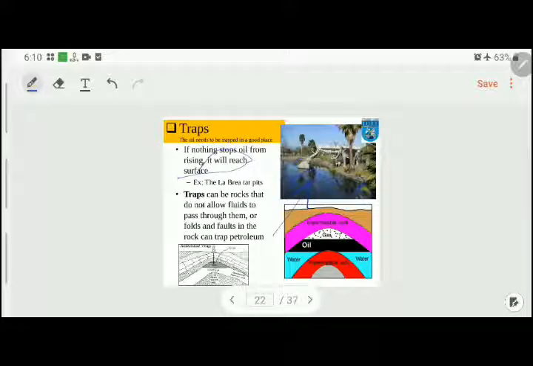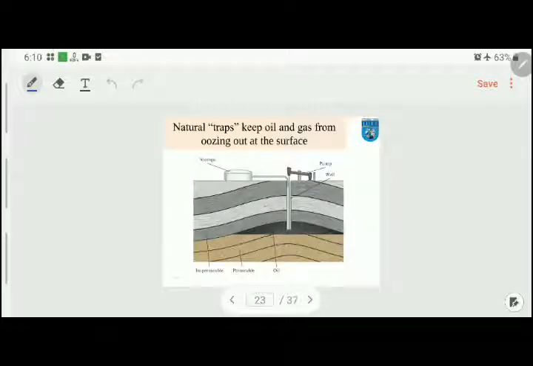So the traps can be any rock that does not allow the fluids to pass through it. The traps must be impermeable rock, meaning non-porous rocks, or just like faults, and faults in the rocks can trap what? That petroleum.